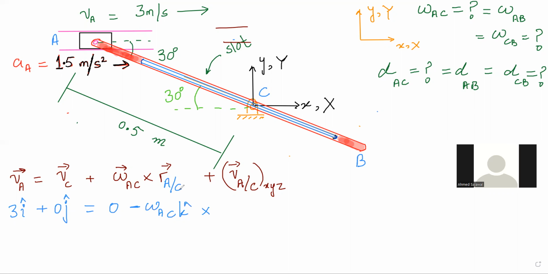This whole thing is your rod AC. When the piston is going towards the right, then the whole rod is going clockwise, no? It's my intuitive feel. You can disagree with it. So I will put minus omega AC K unit vector multiplied by, I made a big mistake here.